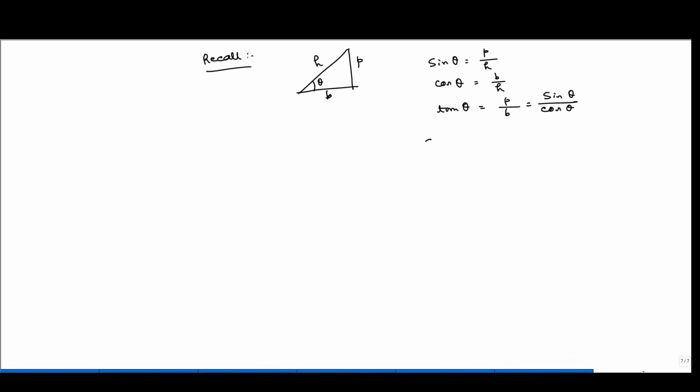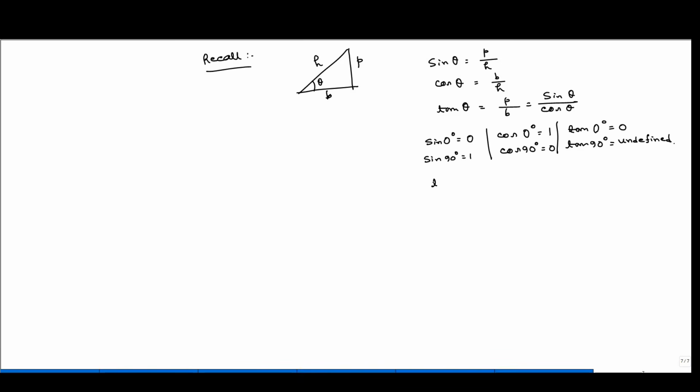We have mainly used these identities. Sine 0 degrees is 0, sine 90 degrees is 1, cos 0 degrees is 1, cos 90 degrees is 0. So tan 0 degrees is 0 and tan 90 degrees is undefined.